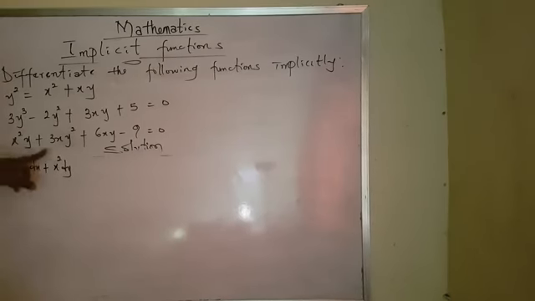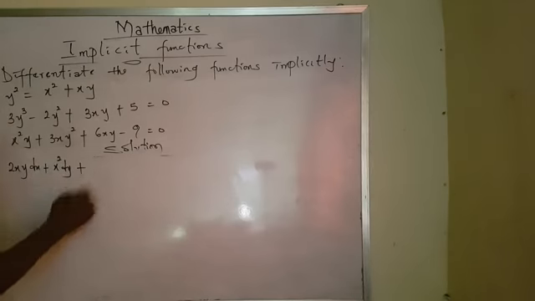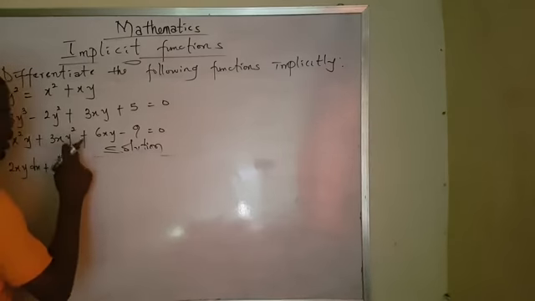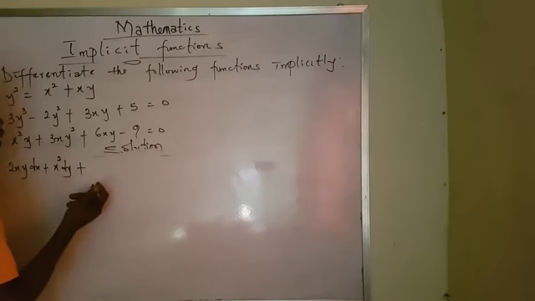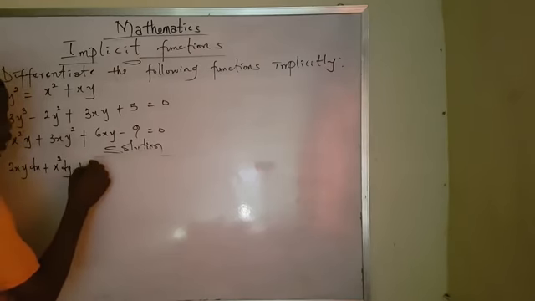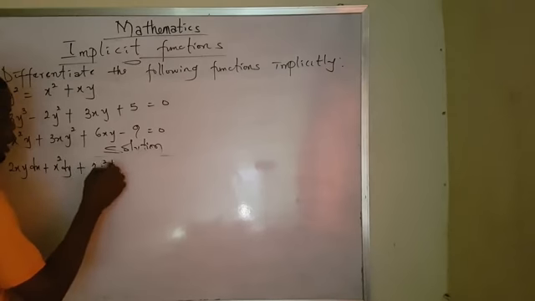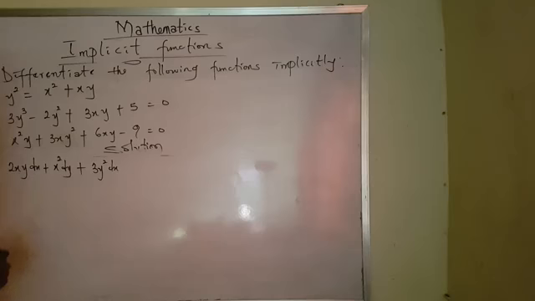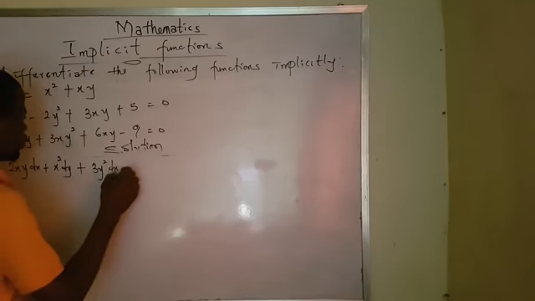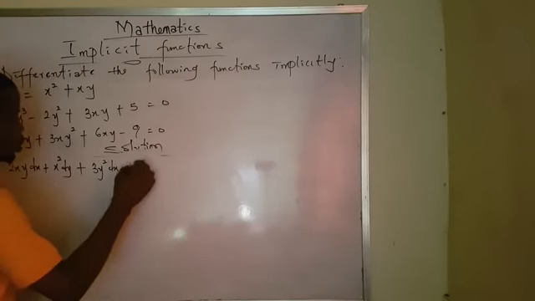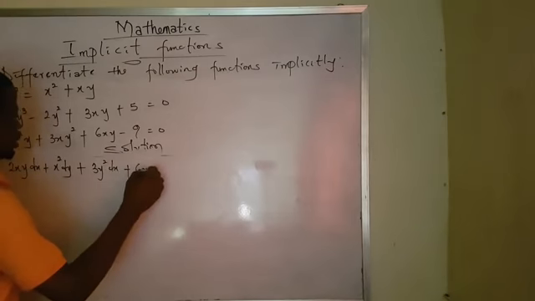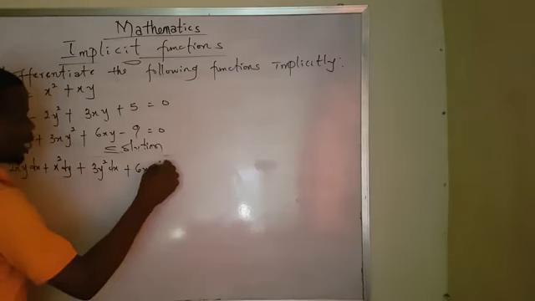This is a constant, so x squared dy. Then you have plus. Here, what do we have? Differentiate with respect to x. So you have 3y squared dx. Are you getting that?